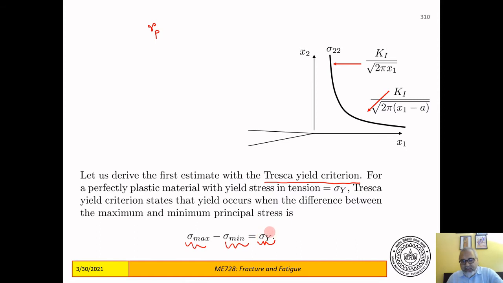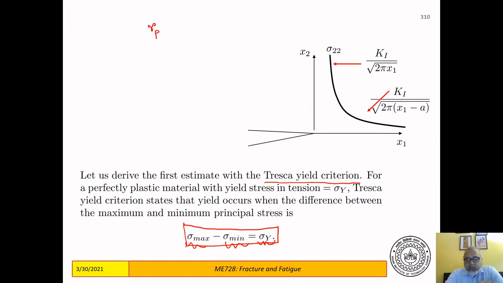Sigma max minus sigma min by 2 is the maximum shear stress, and that has to be equal to the shear yield stress, which in case of Tresca is half of the yield stress in tension. But we will use the yield stress in tension because that's easier to measure. So we will write the Tresca yield criteria as sigma max minus sigma min equal to sigma y.